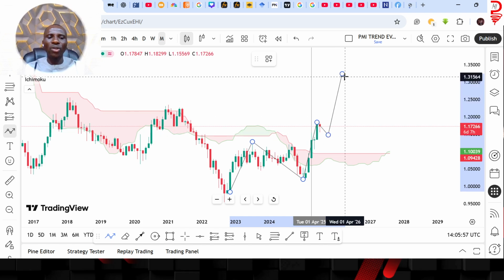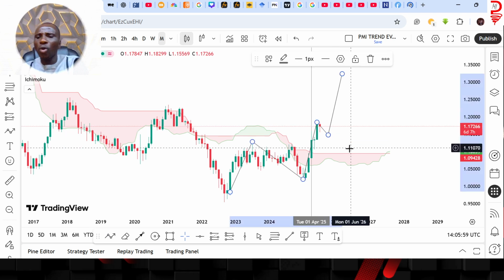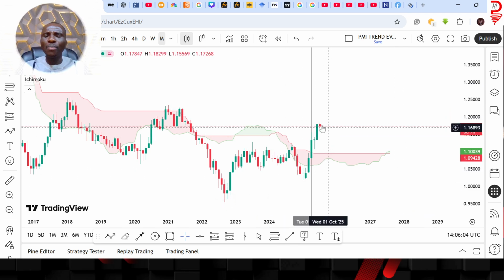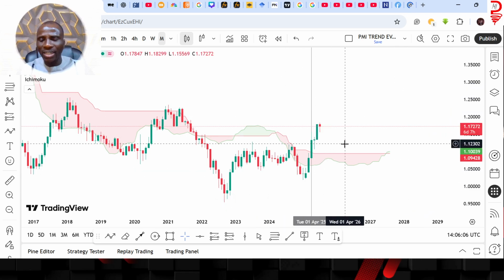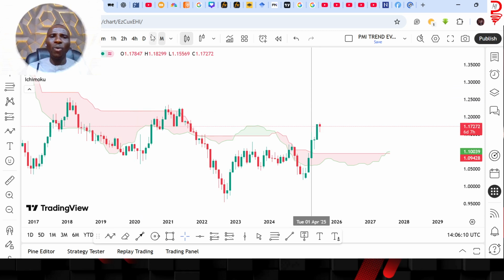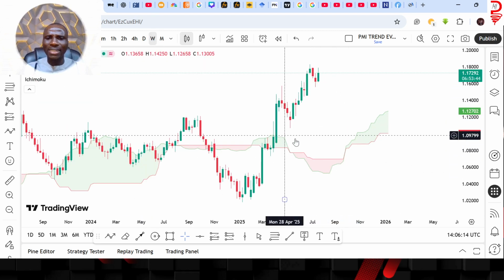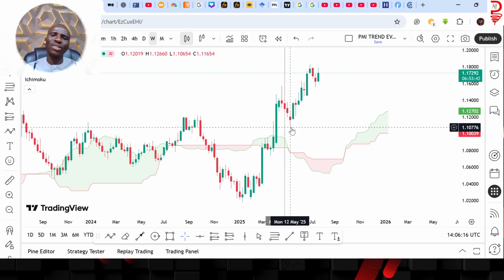Are you getting it now? But because on the monthly, what we are looking at is an overview of the market orientation, we have been able to ascertain that our market orientation is more of a markup, which means uptrend. Then our weekly chart, we looked at it, we see that our market is on a bi-directional bias.